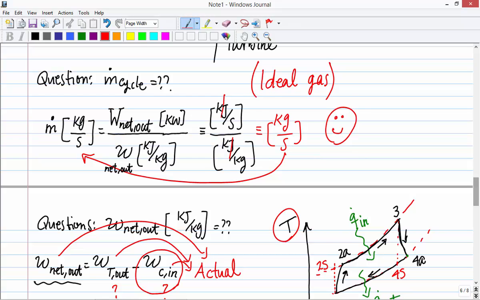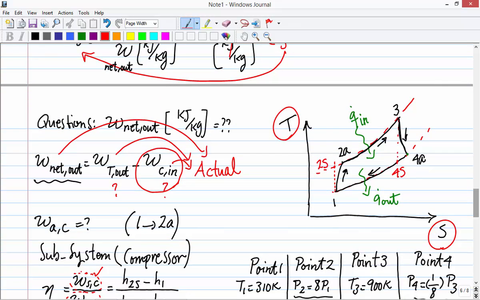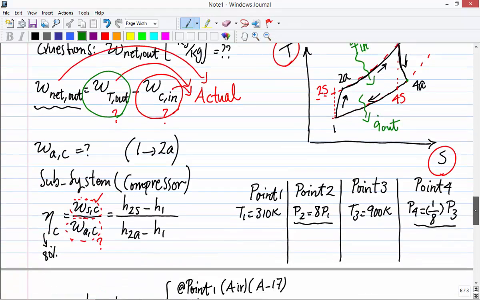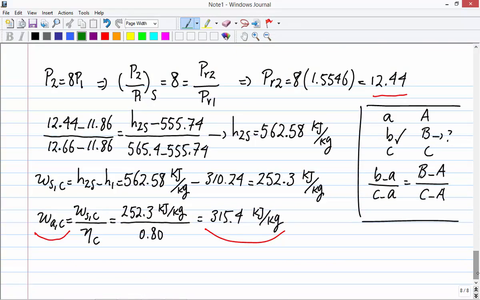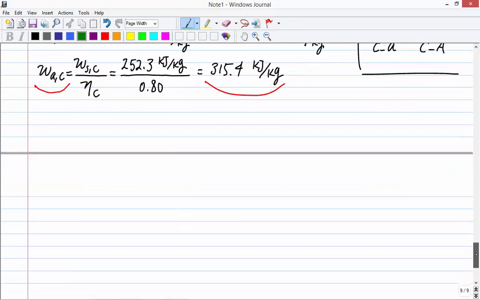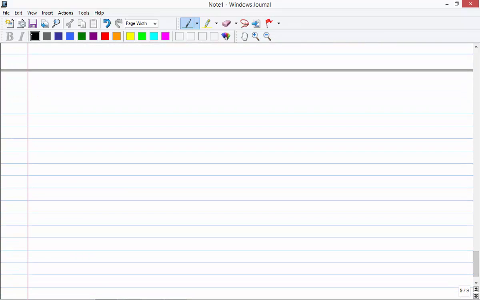That's all I'm going to do. And I'm going to do the same process for this guy now, the turbine, because if you look at the table, I know the temperature here and I know the pressure ratio. I'm going to do the exact same process, but with a different formulation, because now it's about the turbine.